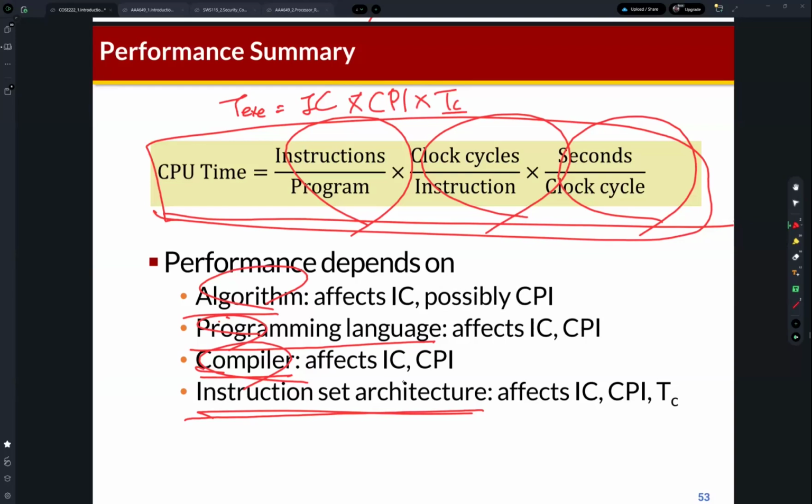These are factors like algorithm, programming language, compiler, instruction set architecture, microarchitecture, hardware design, and semiconductor technology. All these factors influence the performance of a computer system, and we can focus on a certain factor for our study or research.